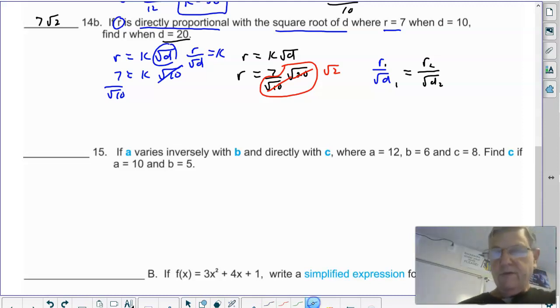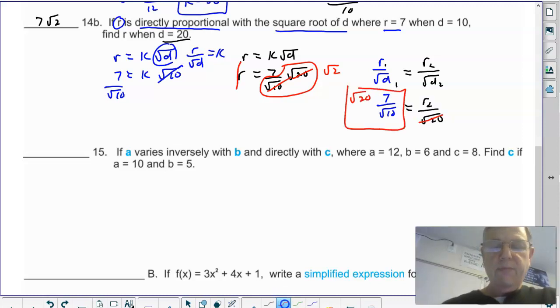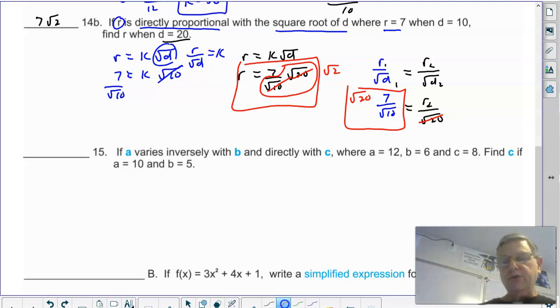And then you're just going to sub in your values. So the left is r1 is 7, over the square root of 10, equals r2, what we're looking for, over the square root of 20. And again, multiply both sides by the square root of 20 and see how now we're right back to where we were. So two different ways of solving. One is finding k and using k, and the other is the proportional method.